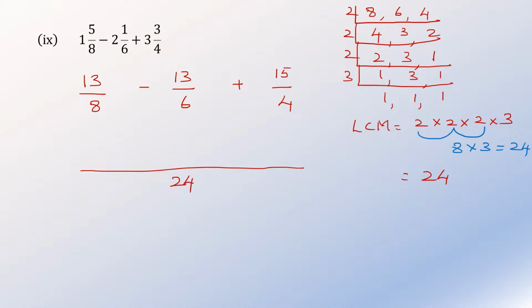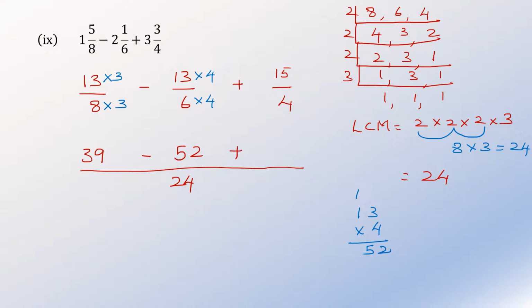Go to the first fraction. 8 3s are 24. So 13 3s are 39. Minus 6 4s are 24. 13 4s are, let's multiply. 13 into 4. 4 3s are 12, carry 1. 4 1s are 4, plus 1, 5. 52.